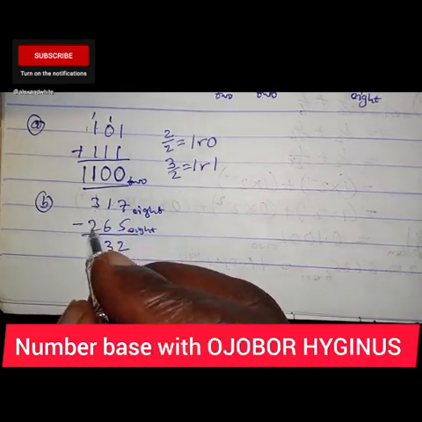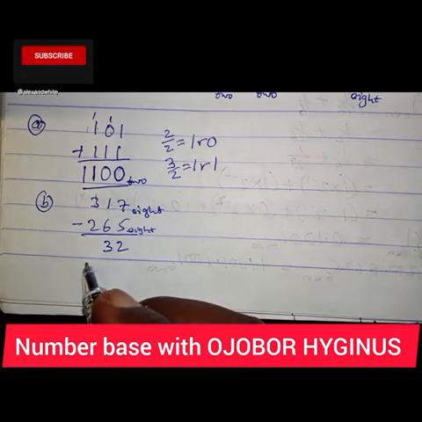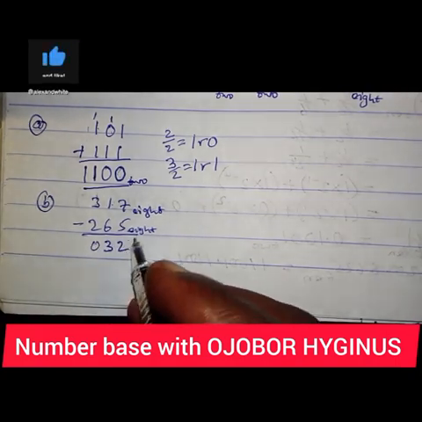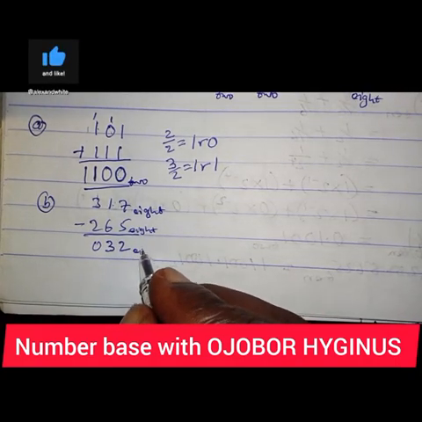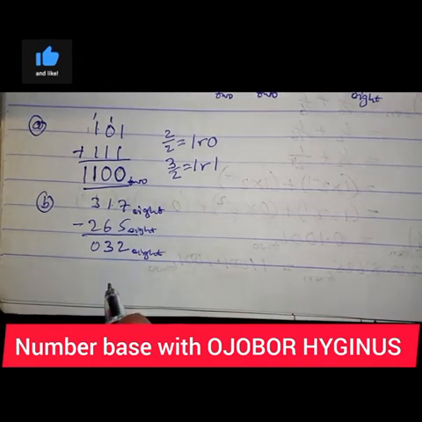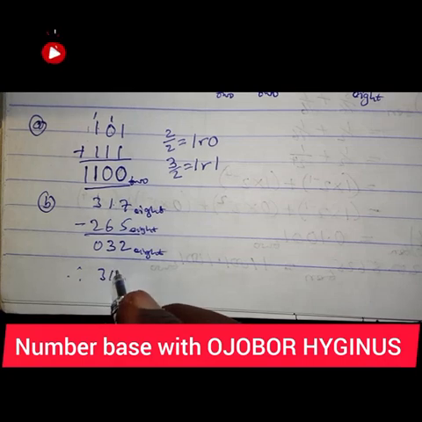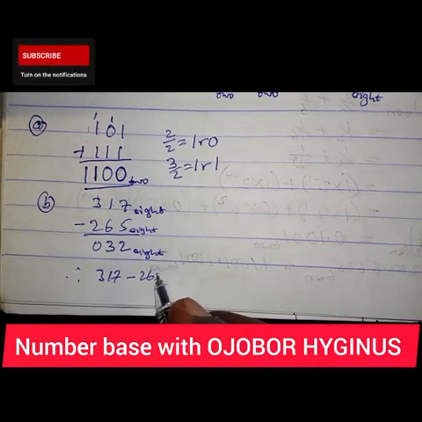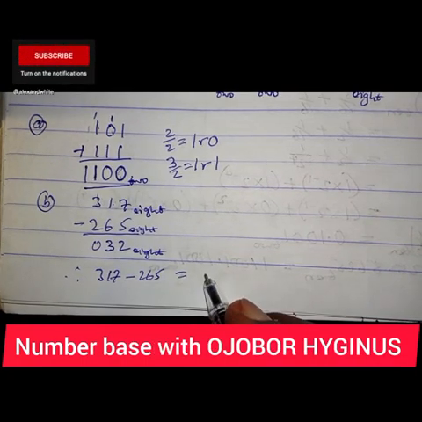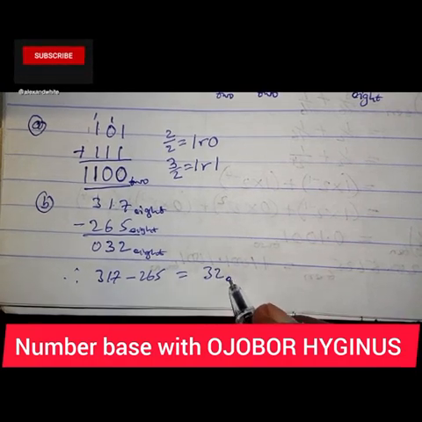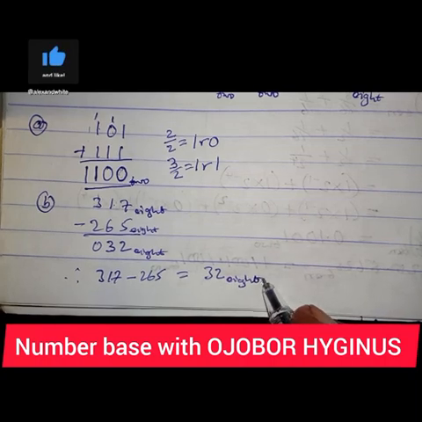And then 2 minus 2, because you have removed 1 from this 3, will now give you 0. So that is it. We have it in base 8. Therefore 317 minus 265 in base 8 is equal to 32 in base 8.